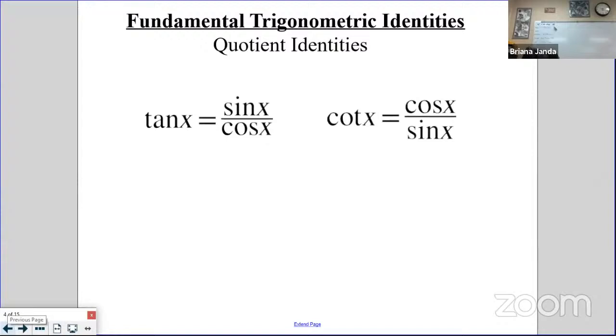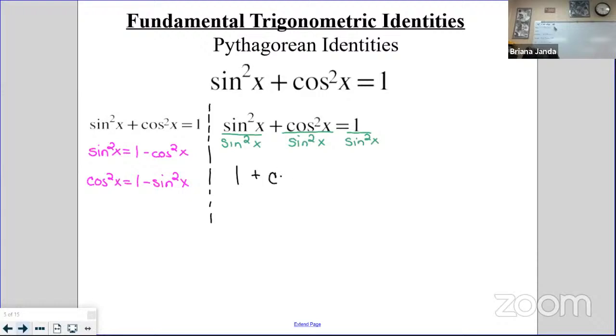And if they're both squared, that means this was also squared. So cosine squared over sine squared is cotangent squared. And 1 over sine squared, same idea. 1 over sine is the same as cosecant, so 1 over sine squared is cosecant squared.